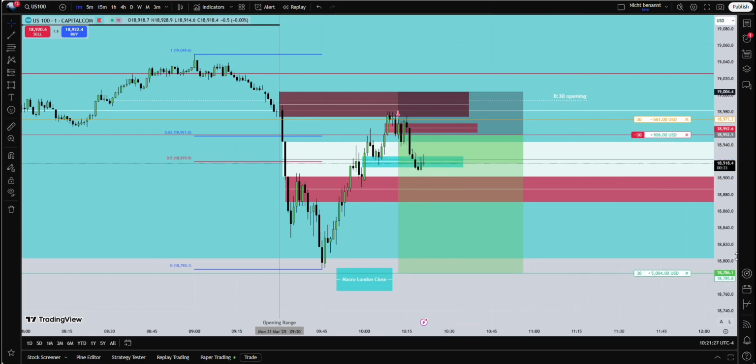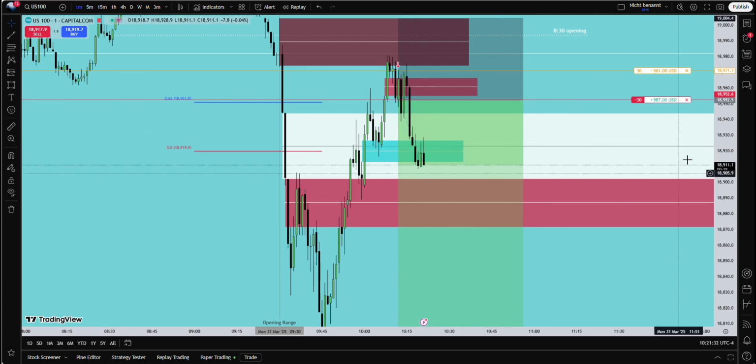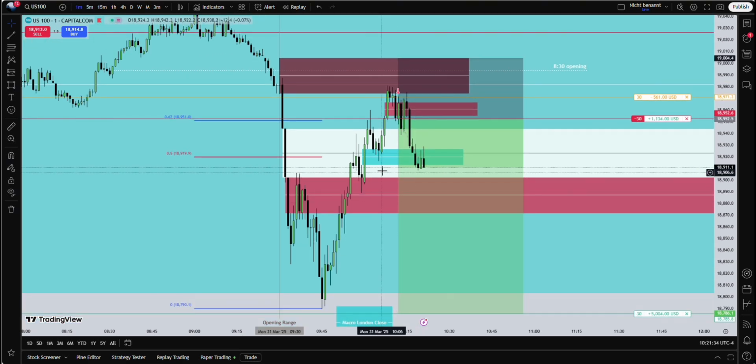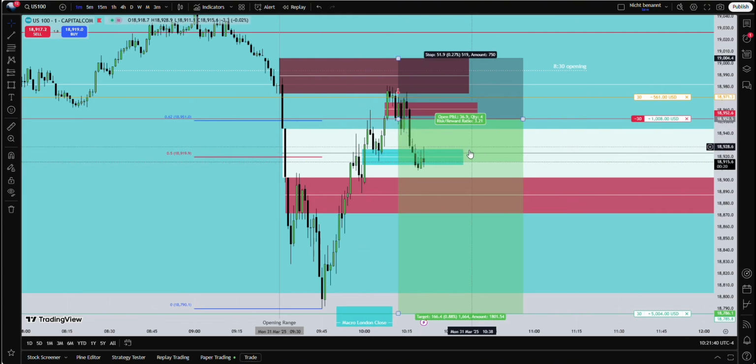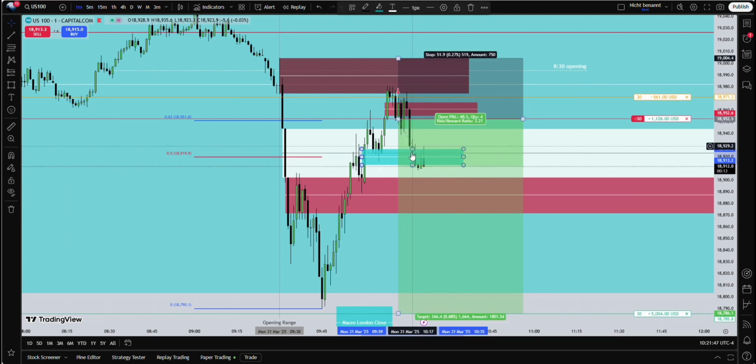So this is also another important lesson about reclaimed PD arrays, so inversion PD arrays. So this, right here, where we can see that this fair value gap, this BISI, buy side imbalance, sell side inefficiency, failed.